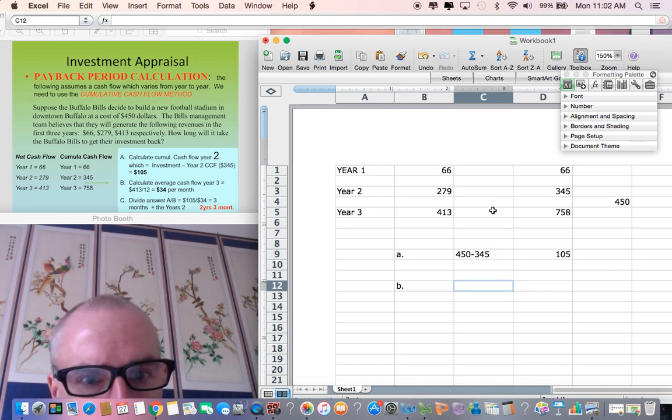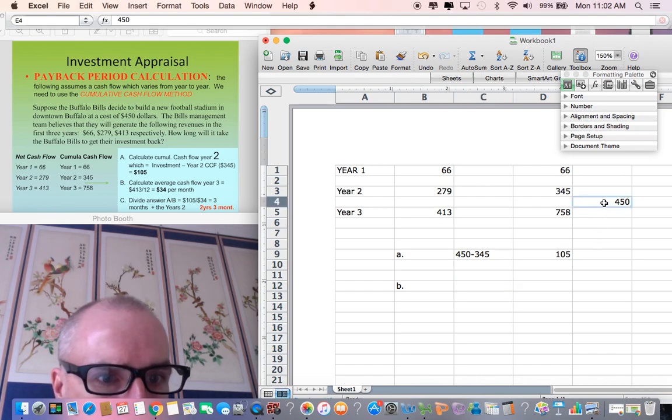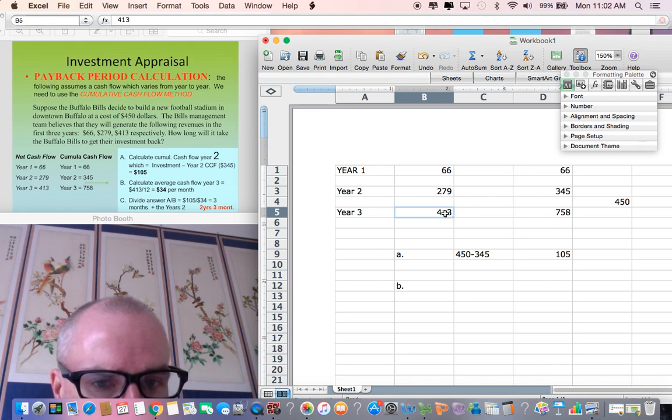So this is the importance of that. So step B, you're going to take the number that is below and to the left.